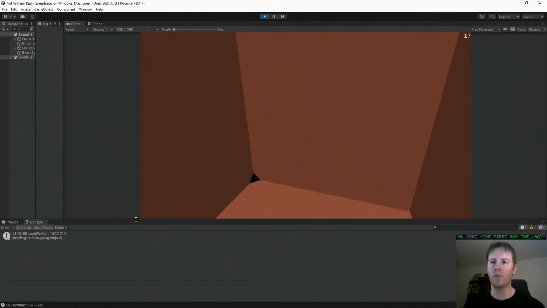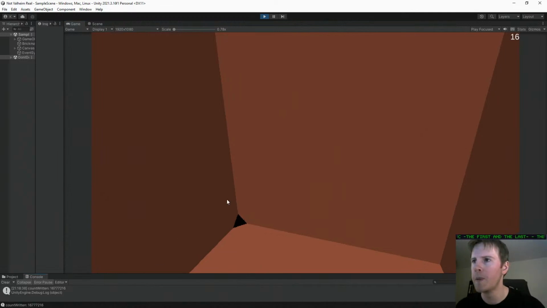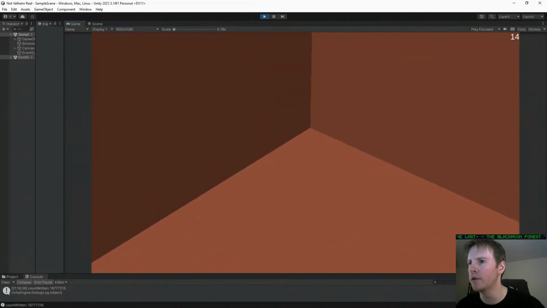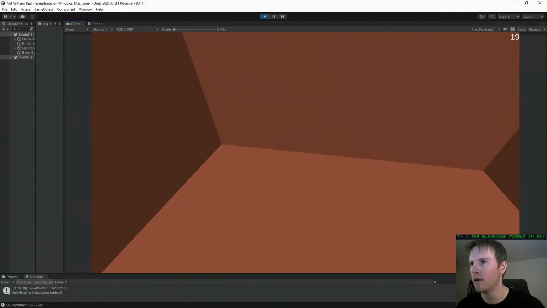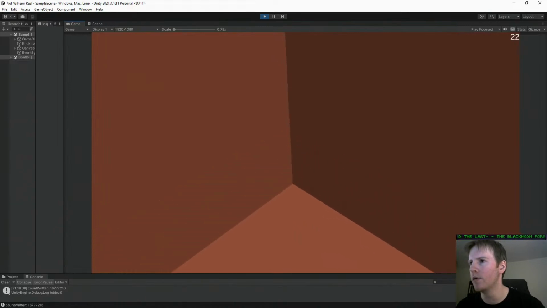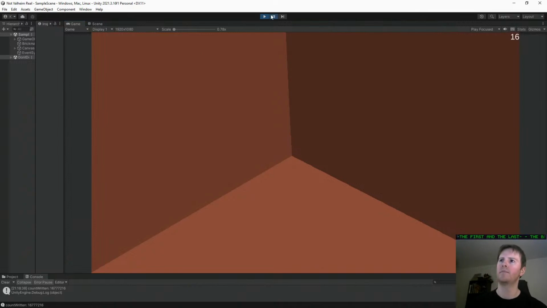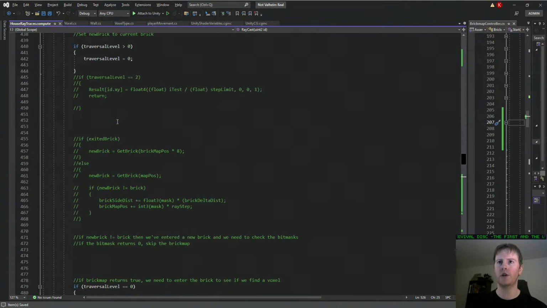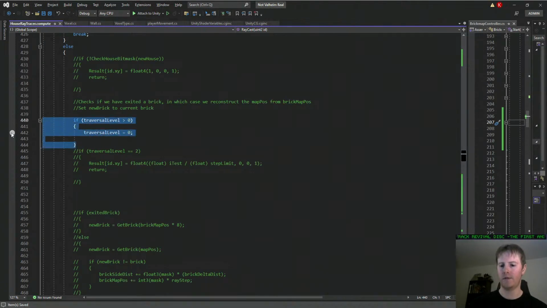Because now it won't trigger in the same way, but it might still be showing incorrect sides. But I'm not really seeing any. It was pretty noticeable before when you were just going around. Alright. Let's try switching on traversal levels again.